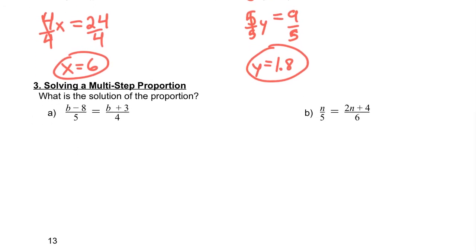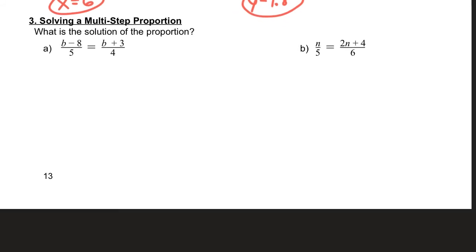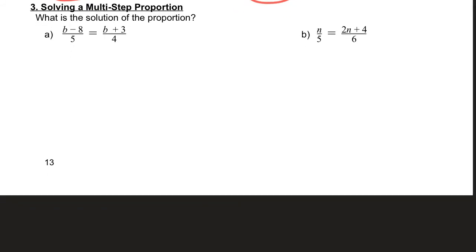So these examples are why cross products are kind of the more universal method, because with this, you've got variables on both sides as well. So to write this out, you got to be careful. I am going to multiply b minus 8 times 4. So I'm going to write it like this, 4 parentheses, b minus 8.